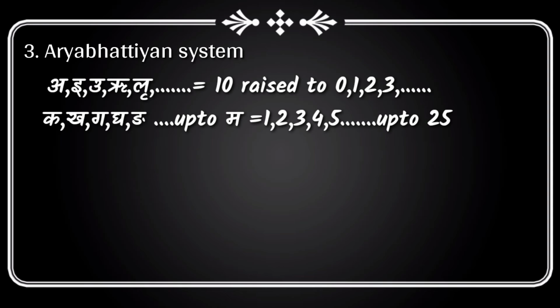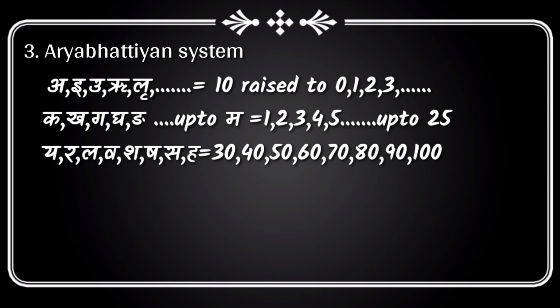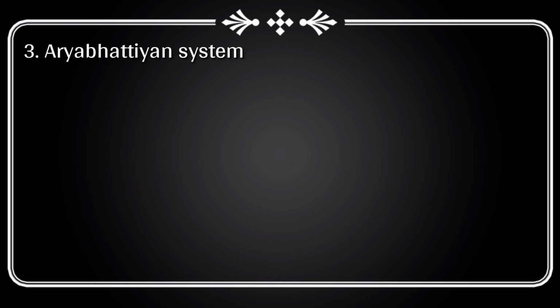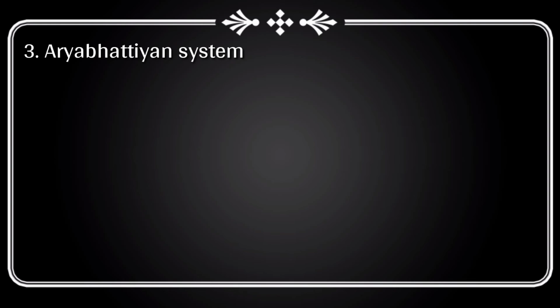But after you reach the value of ma, that is 25, from here lower it will be 30, 40, 50 and 60, and sha, sha, sa it will be 70, 80 and 90, and ha it will represent 100. So if you look at the potential, it adds 2 more powers to the 10 to the power of 16. It means 10 to the power of 18 is the limitation of this system.